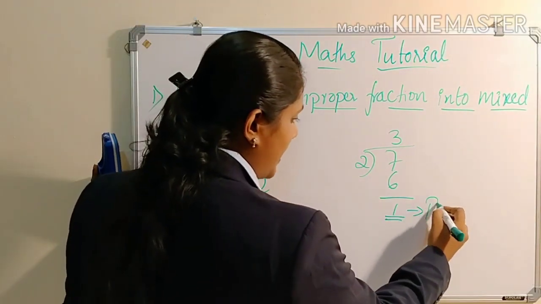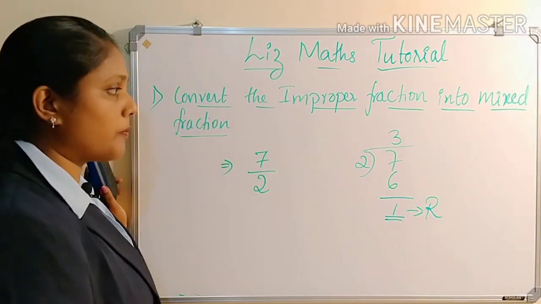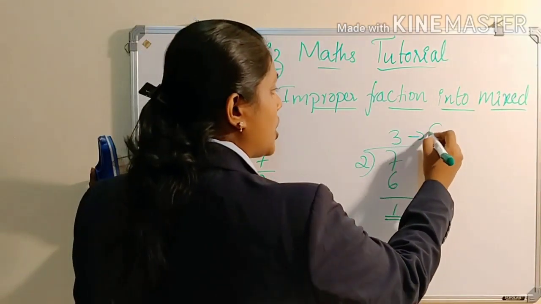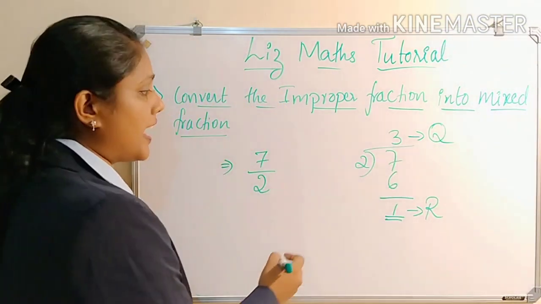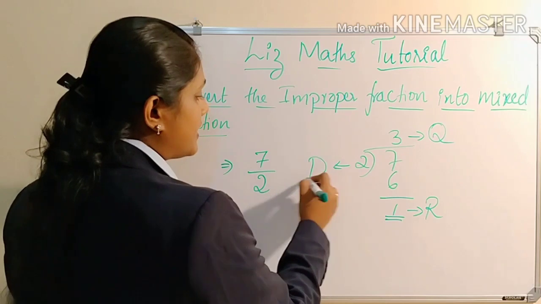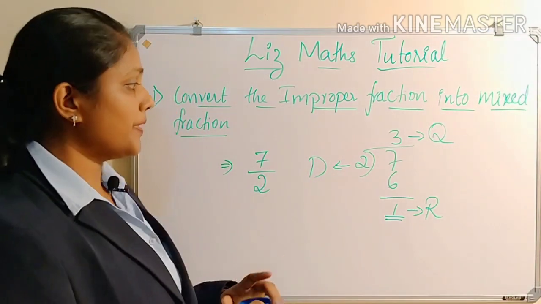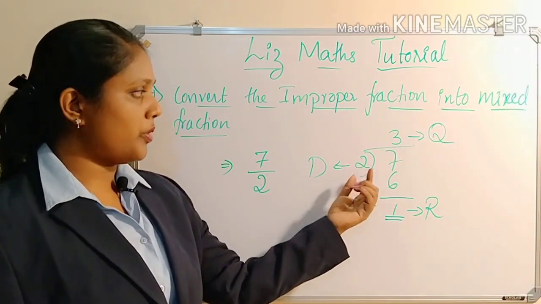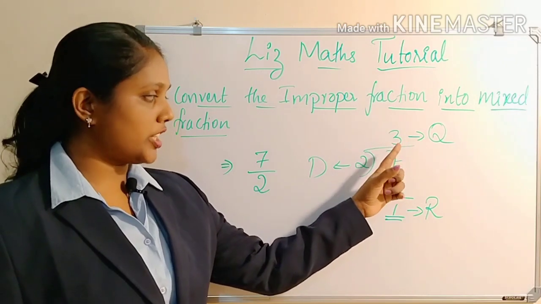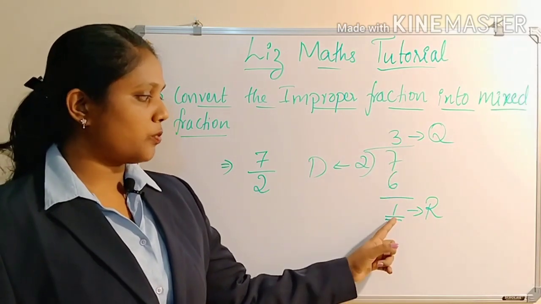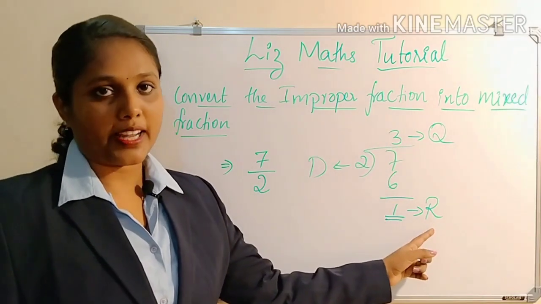R represents remainder, this is the quotient and this is the divisor, isn't it? So here we are dividing by 2. We got the quotient 3, 3 2s are 6, and what is remaining is the remainder.